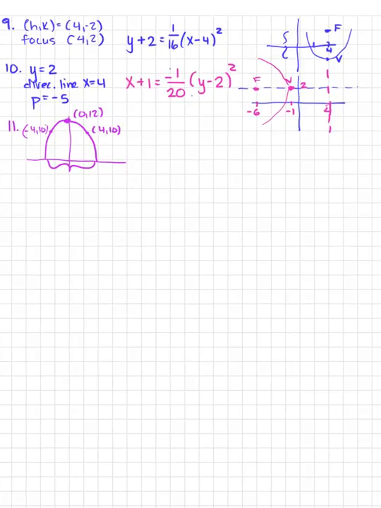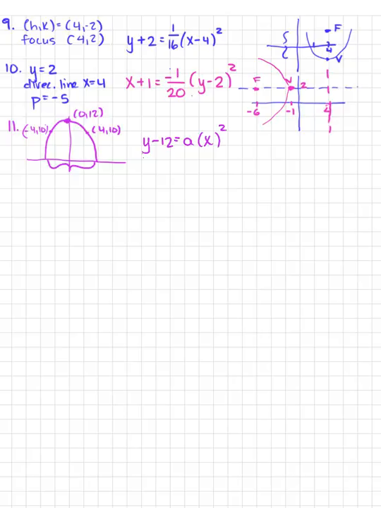So we need to come up with an equation. Your vertex is going to be 0, 12. We are upside down. So it's going to be y minus 0. Oh, sorry. y minus the y value, which is 12, equals a, we'll solve for a in a second, x minus 0 squared. So I can plug in 4, 10 to solve for a.